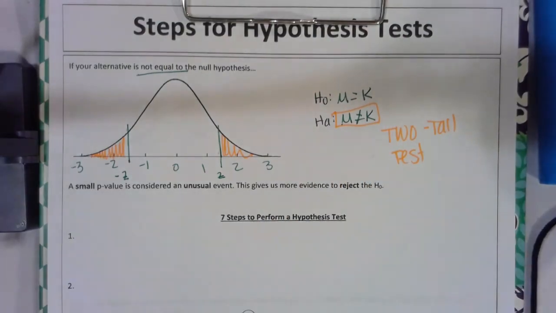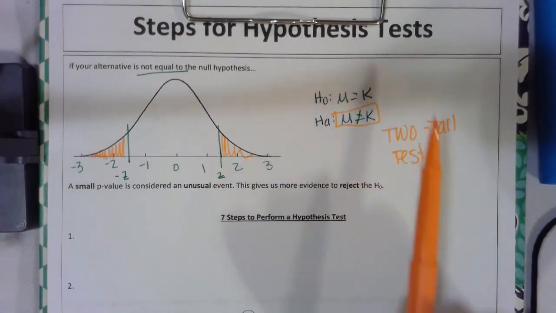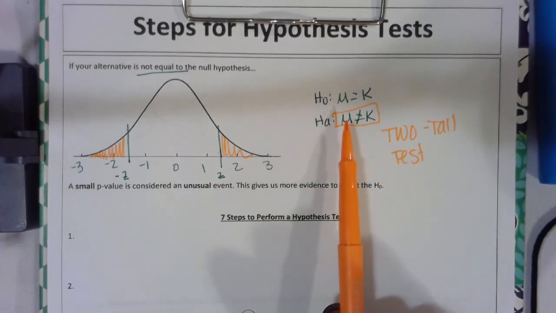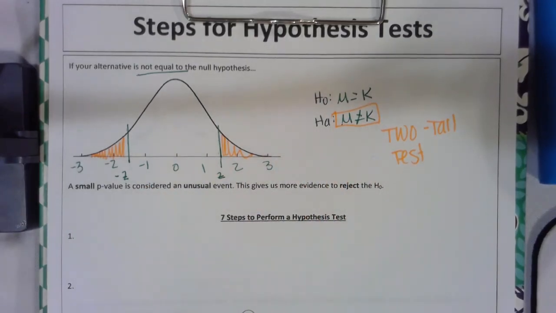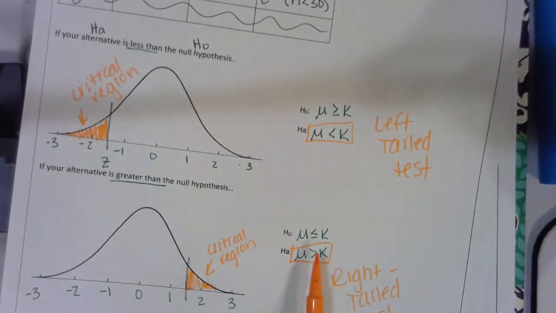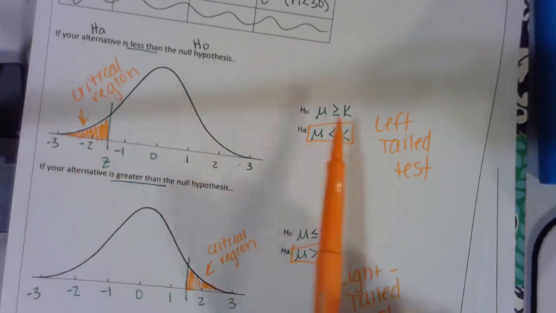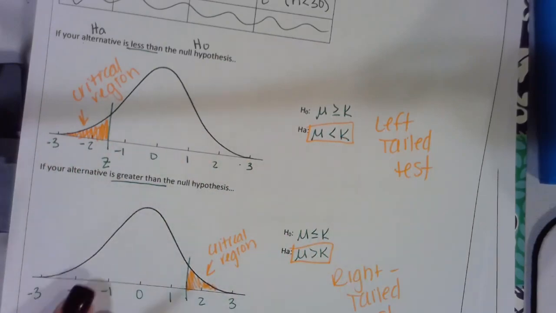The right-tailed and the left-tailed are the ones that we did earlier. But now you can see it in picture graph, what it means, and in written form, and be able to tell whether you see this one or you see this one. It is a two-tailed test. Whether you see this picture or you see greater than, it is a right-tailed. Whether you see this picture that's shaded on the left and less than, it is a left-tailed.